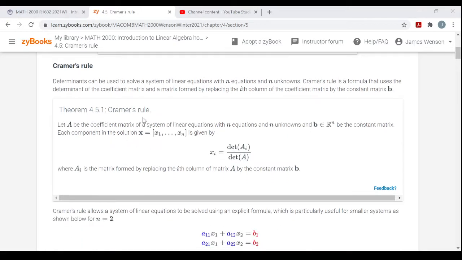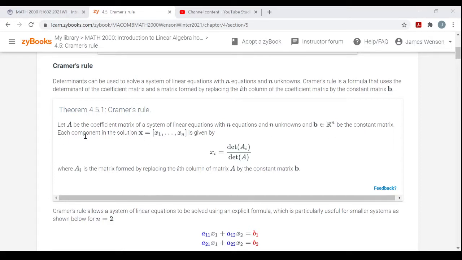All right, so here it is, Cramer's rule. Let A be the coefficient matrix of a system of linear equations with n equations and n unknowns. So A will be a square matrix, an n by n matrix. And let column vector B in Rn, that just means it has n components and it's an n by 1 matrix, be the constant matrix.